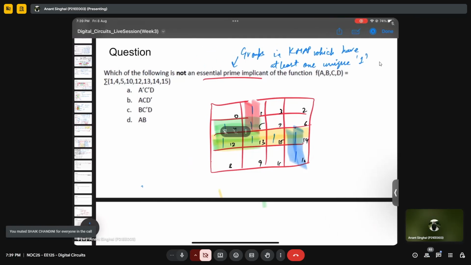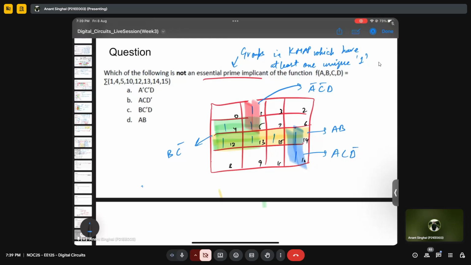Here we need to find the essential prime implicants. This particular one is B C complement, the green one. The yellow one is AB, I mean this whole row. The red one is A complement, C complement, D, and this is nothing but A C D complement.